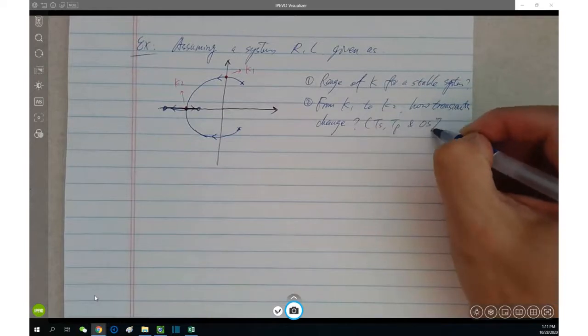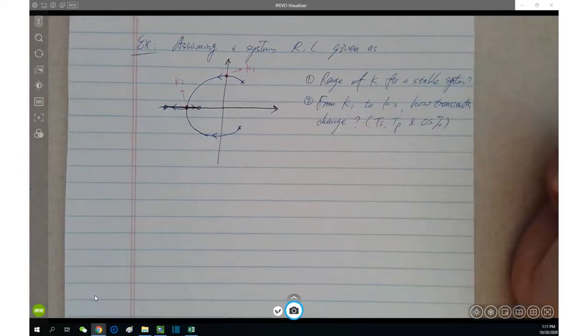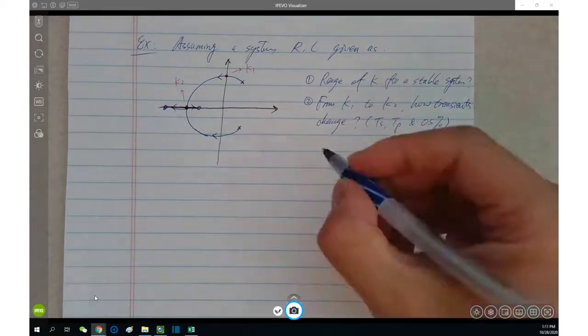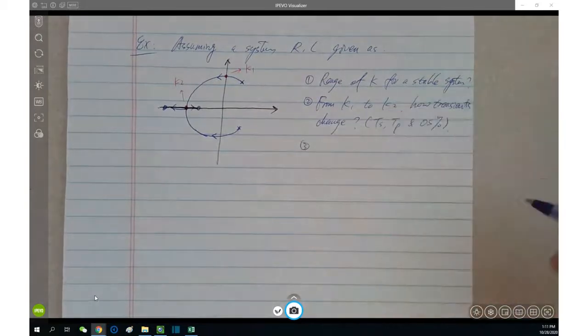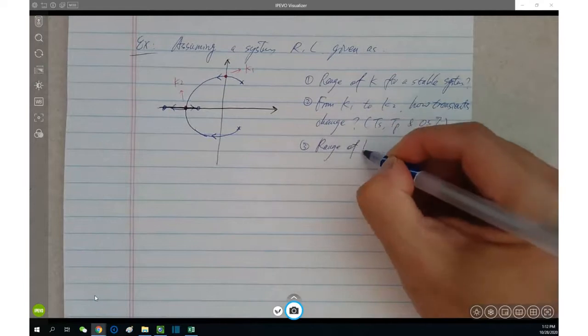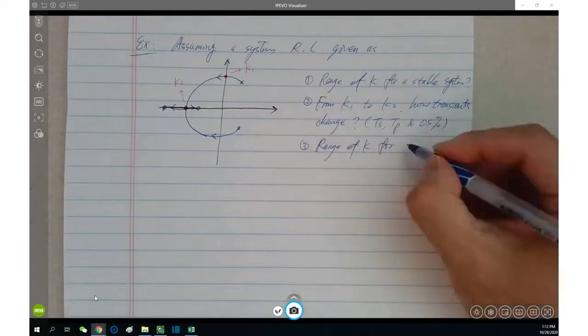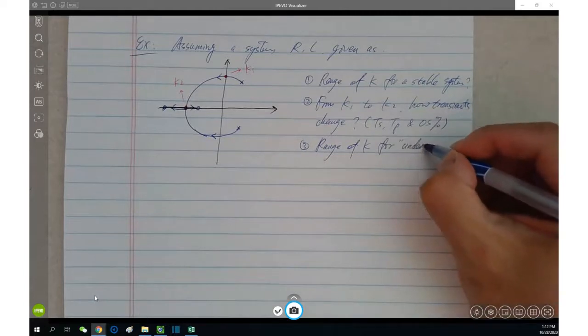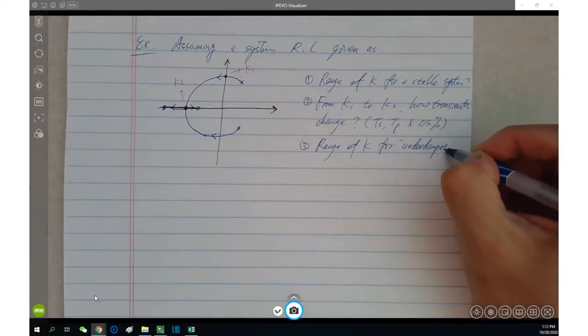We just need to study these three particularly. The third question is the range of K value for, this is a little bit tricky, an underdamped system.